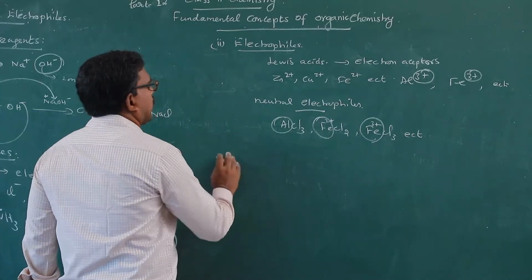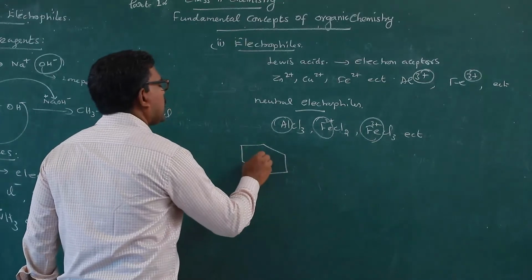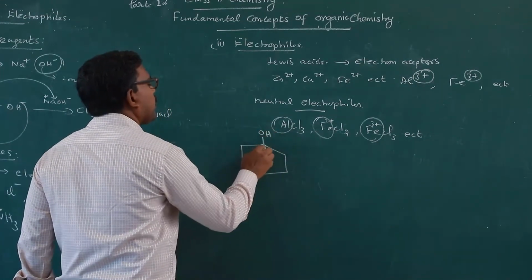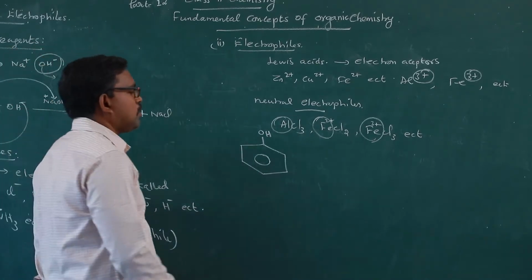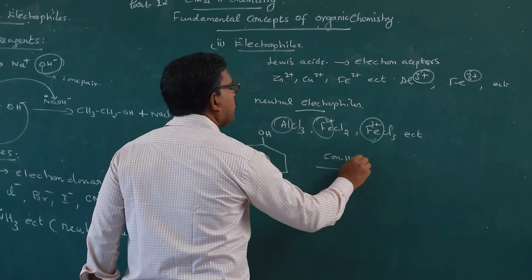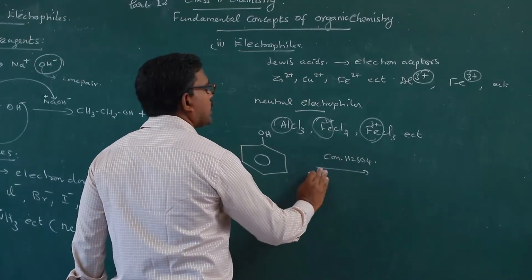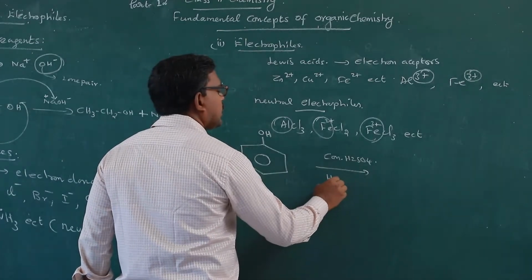How does this reaction take place? Let us consider an aromatic organic compound. Phenol is an aromatic organic compound. It reacts with concentrated sulfuric acid. Concentrated sulfuric acid is a powerful dehydrating agent.